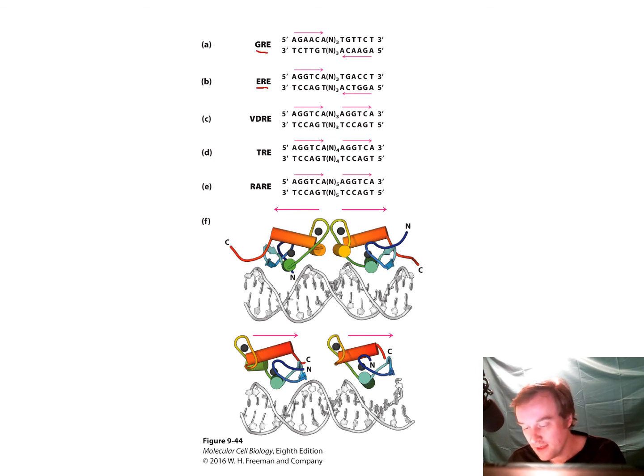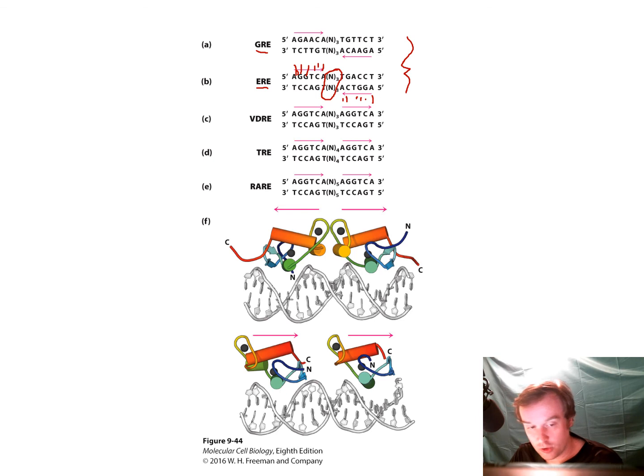They have these anti-parallel or inverted repeats. So you see AGGTCA, and then on the opposite strand, in the opposite direction, AGGTCA, with a spacer of 3 nucleotides in between. This is one common motif.